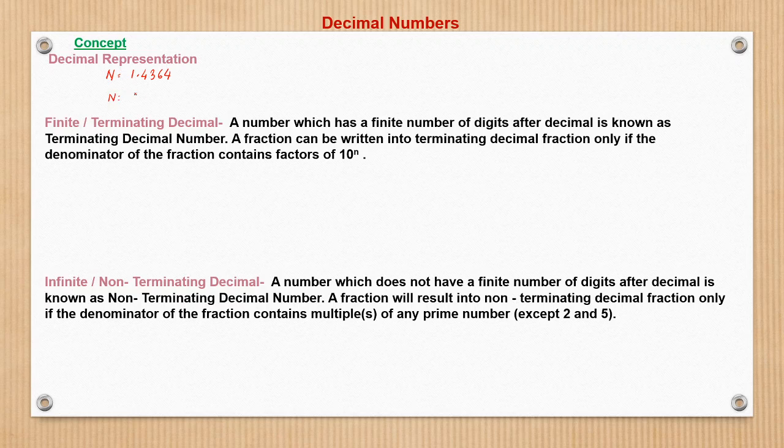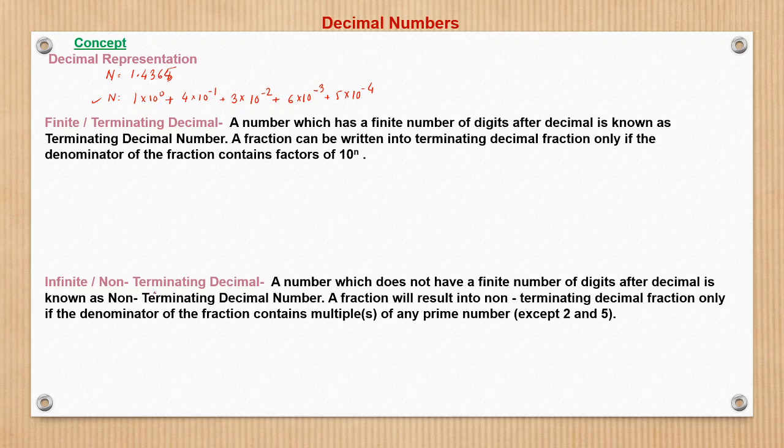Basically, we can write this as 1 into 10 raised to power 0 plus, for the digits after the decimal, let me make this 5 so that all the digits become unique and distinct. So it becomes 4 into 10 raised to power minus 1 plus 3 into 10 raised to power minus 2 plus 6 into 10 raised to power minus 3 plus 5 into 10 raised to power minus 4. So this is a generic way of representation of a number system and this becomes the expansion of the same.